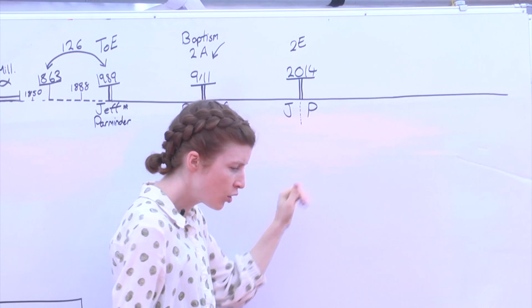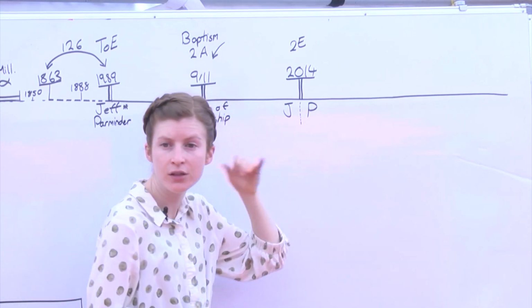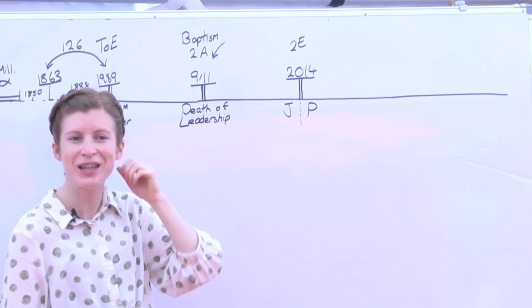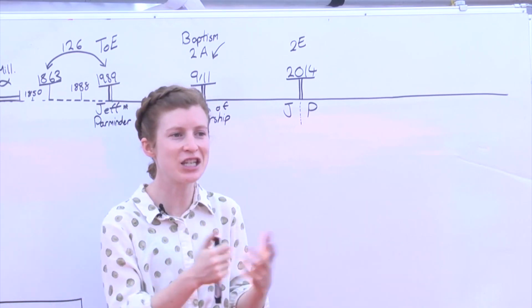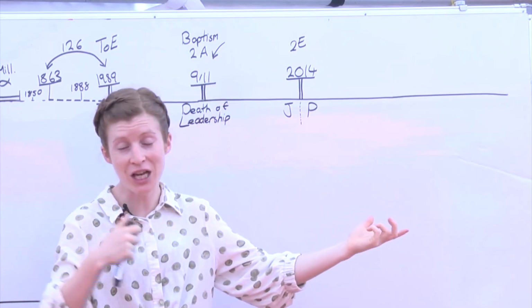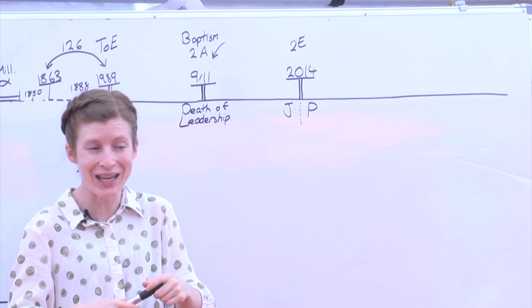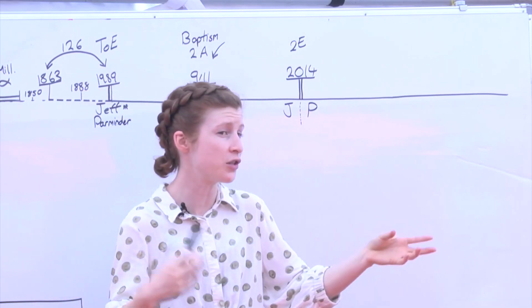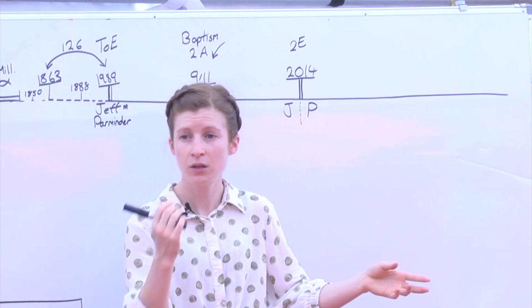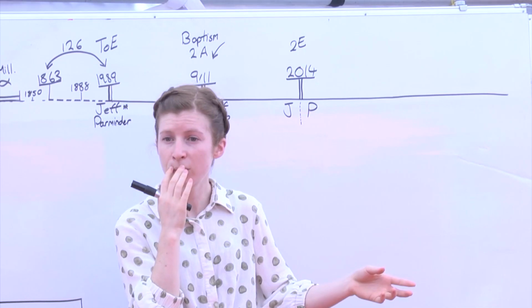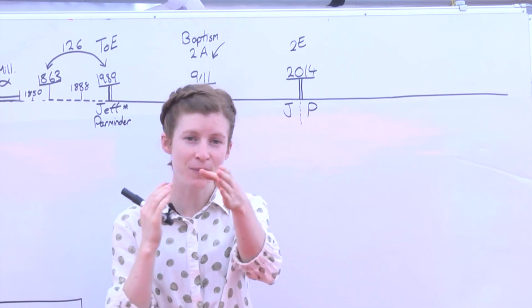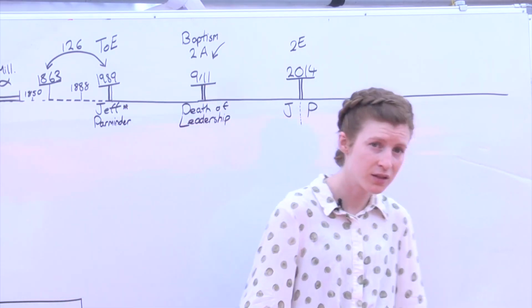And why is the first leader bypassed, if I can use that phrase? Why is there a transition from Elder Jeff to Elder Parminder? Or if you want a hint, why is there a transition from Moses to Joshua? My brother. Sorry?